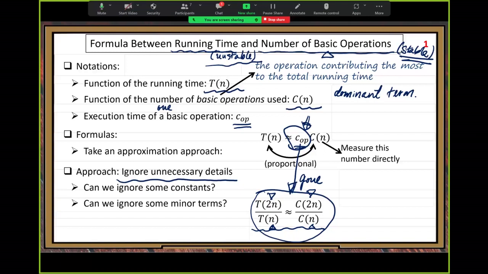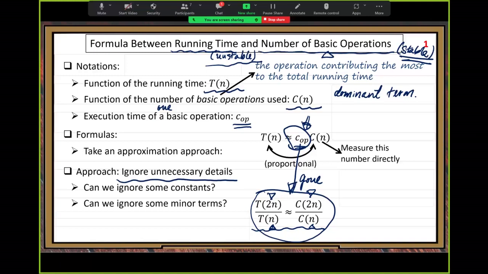Because when the problem size is larger, the number of basic operations or the execution time in general we used here usually should be larger. So we treat this ratio as the increasing ratio. The values of the functions are increasing.